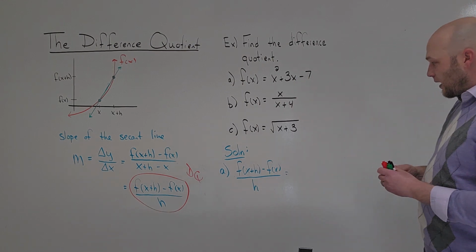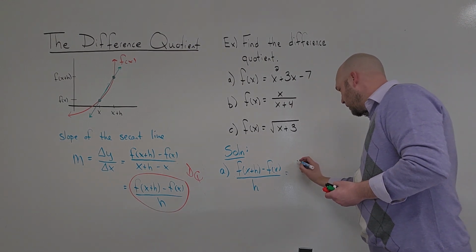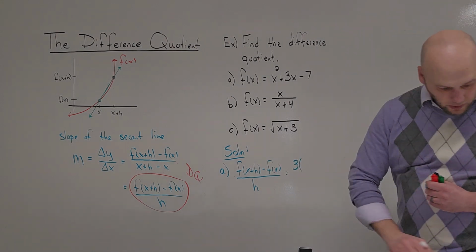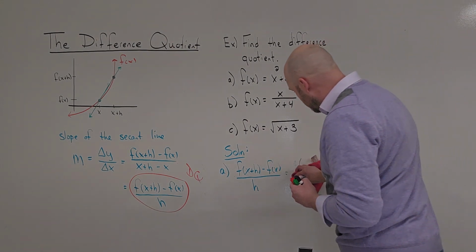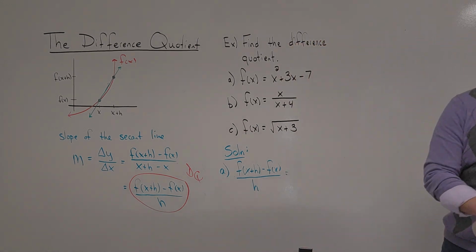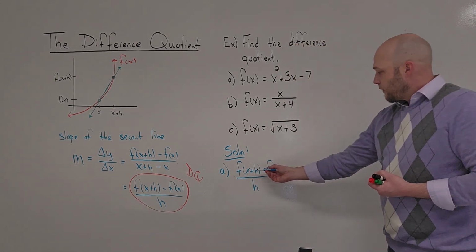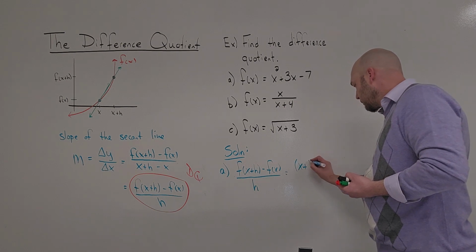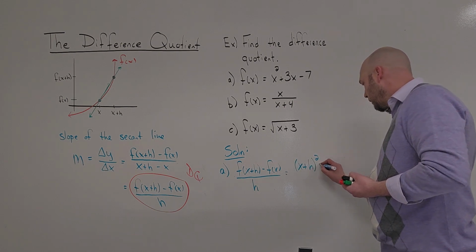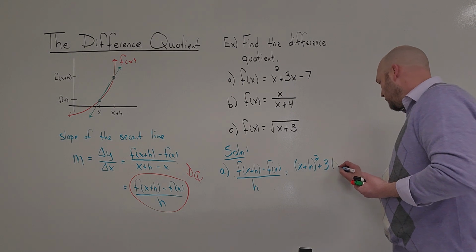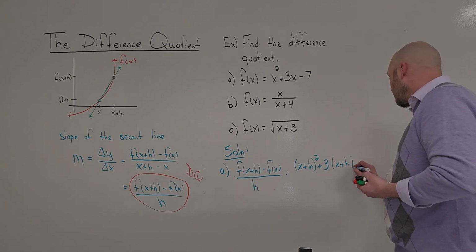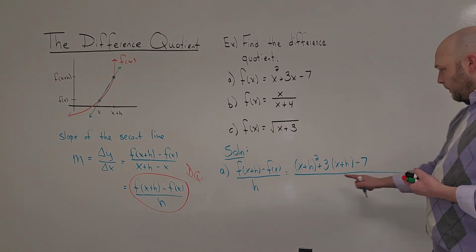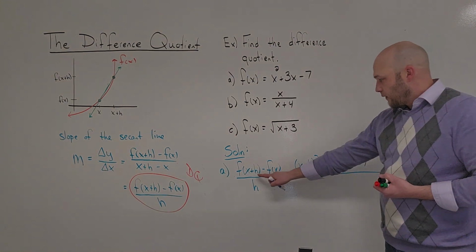Let me write just that term and let's make sure we see that. f of x plus h would be, oh, and I already started writing it wrong. f of x plus h would be x plus h squared plus 3 times x plus h minus 7. This right here is f of x plus h.